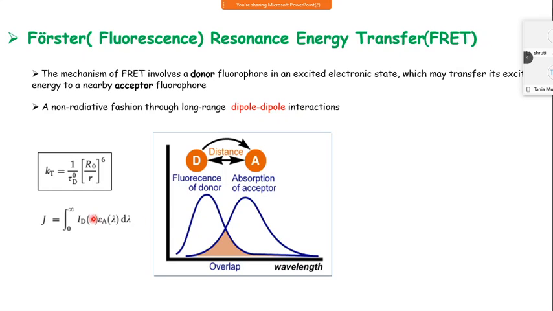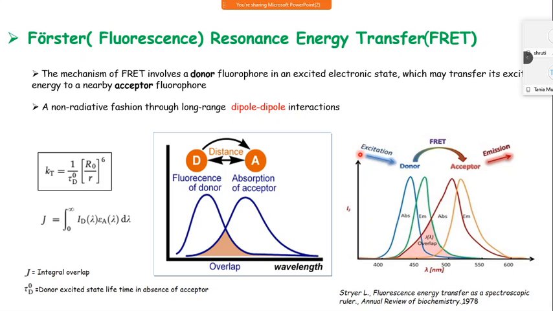That is the formula. This integration, given by this overlap, we can calculate. I_D is the intensity of donor fluorescence, and epsilon A is the absorption coefficient of the second fluorophore.